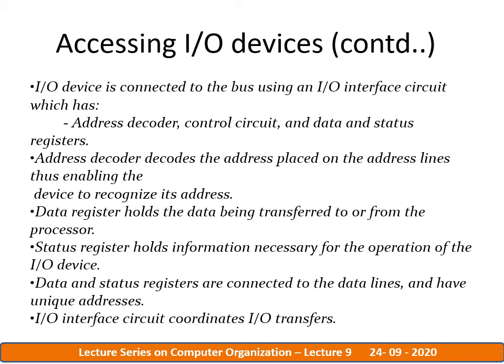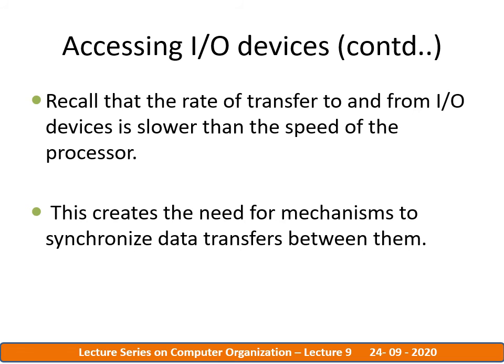So I/O devices are connected to the bus using the I/O interface circuit, which consists of an address decoder, control circuit, and data and status registers. So we have seen what the address decoder will do, and the data registers, then the status registers, right? There is a main difference in speed.